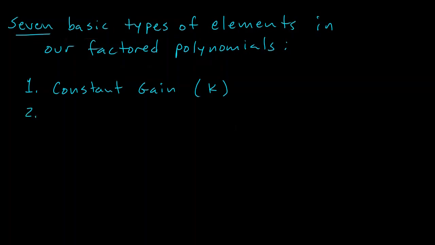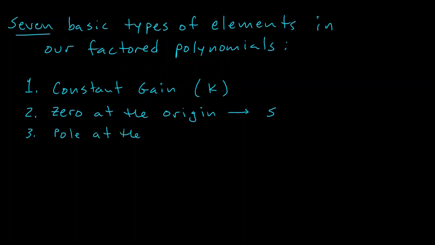2, we can have what's called a zero at the origin, and this looks sort of like an s term. 3, we can have a pole at the origin, and that's going to look like a 1 over s term.